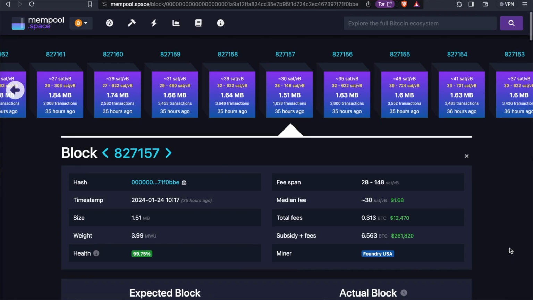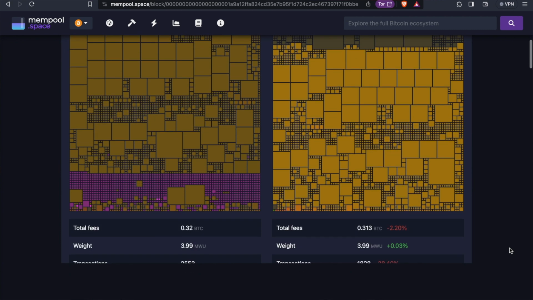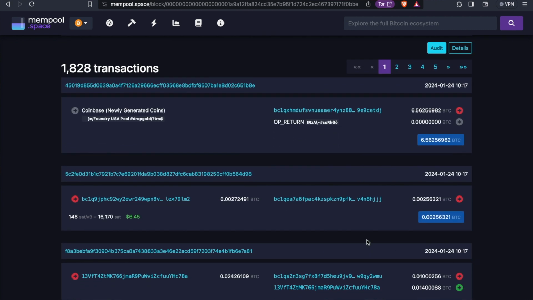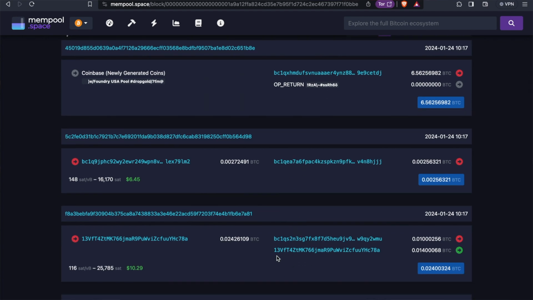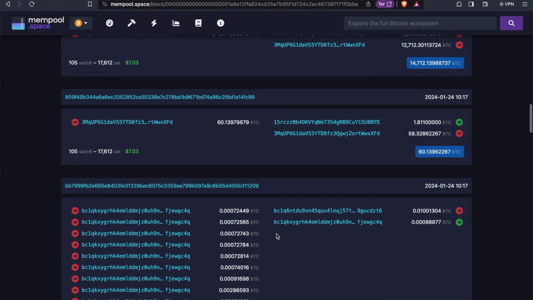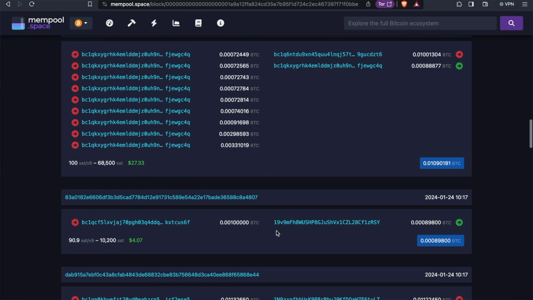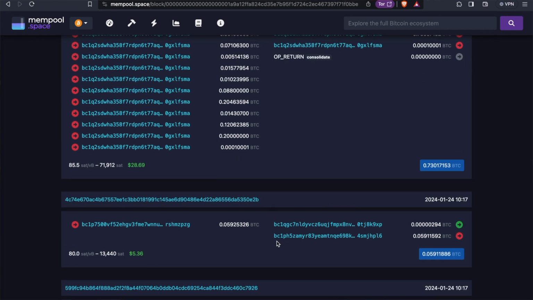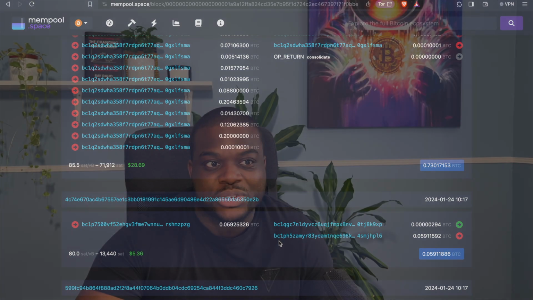To conclude, let's explore the diverse Bitcoin address formats. Notice the different prefixes, such as BC1Q, 1, 3, and BC1P. These indicate the protocol upgrades each address employs. 1 signifies the original pay to pub key hash legacy addresses.